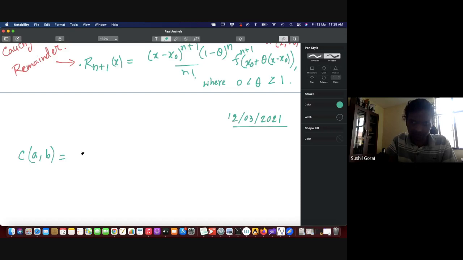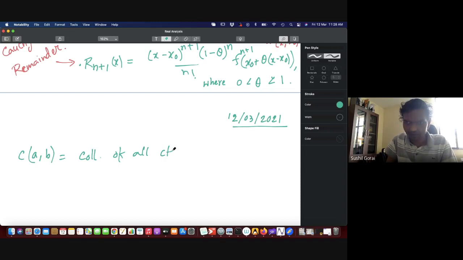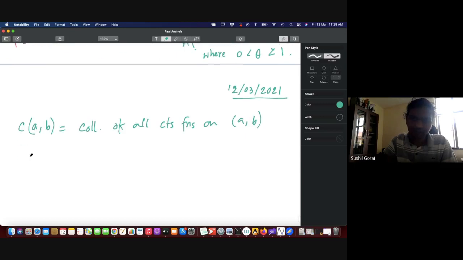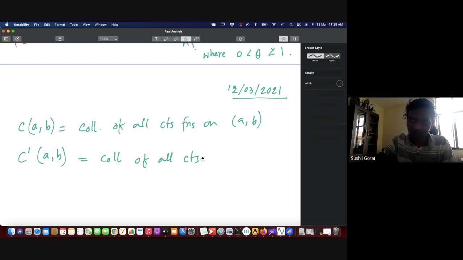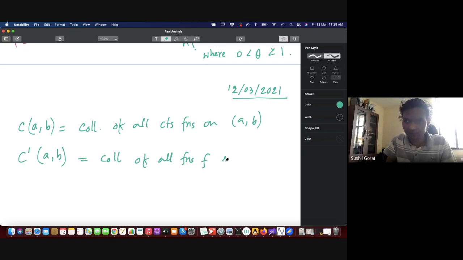C(a,b) is the collection of all continuous functions on the open interval (a,b). Similarly, this notation C1(a,b) is the collection of all functions f such that f prime is continuous on (a,b).